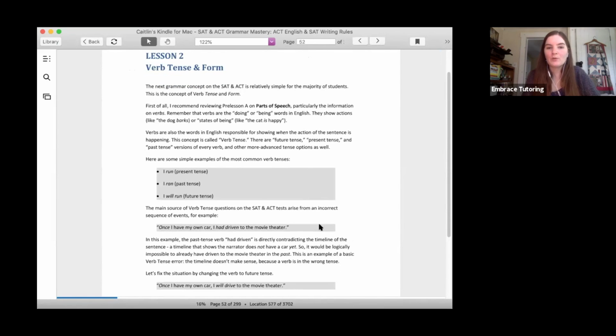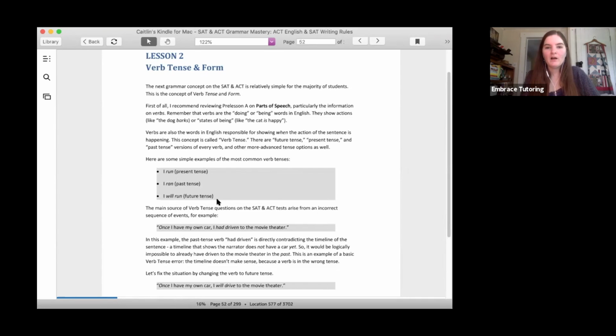So talking about verb tense and form. This is related to subject verb agreement in a way because it relies on your understanding of what form of a verb is most appropriate. Not only is it singular or plural, but it is dealing with present tense, past tense, or future tense. So this has to do with properties of verbs.